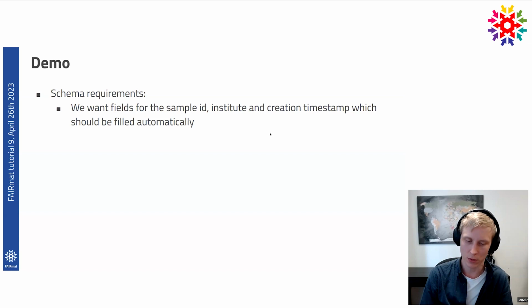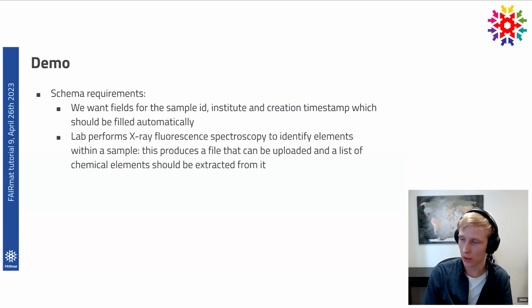So let's set up some requirements that we want the schema to fulfill. We want some fields for what the sample ID was, what institute you're working in, and what was the timestamp when this sample was created. And we want these to be filled automatically or semi-automatically at least.